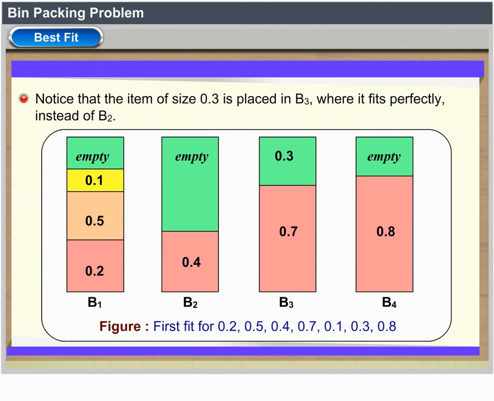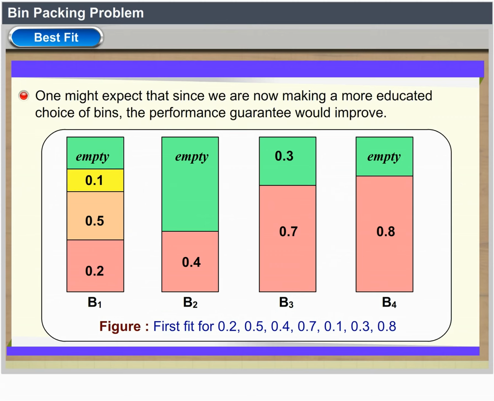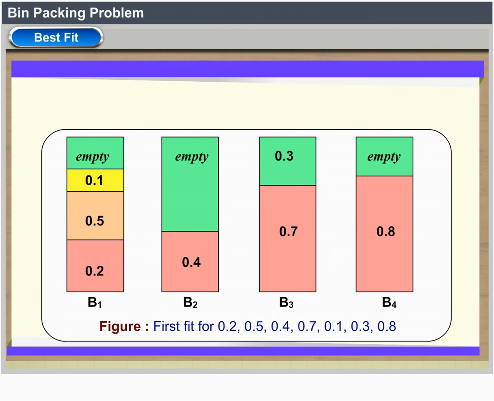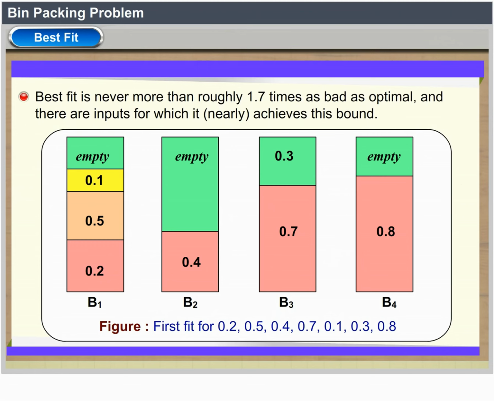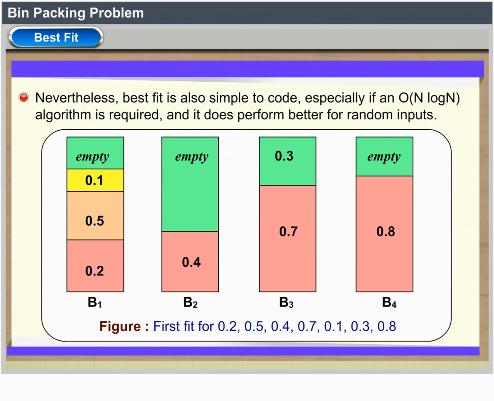One might expect that since we are now making a more educated choice of bins, the performance guarantee would improve. Best fit is never more than roughly 1.7 times as bad as optimal, and there are inputs for which it nearly achieves this bound. Nevertheless, best fit is also simple to code, especially if an O(n log n) algorithm is required, and it does perform better for random inputs.